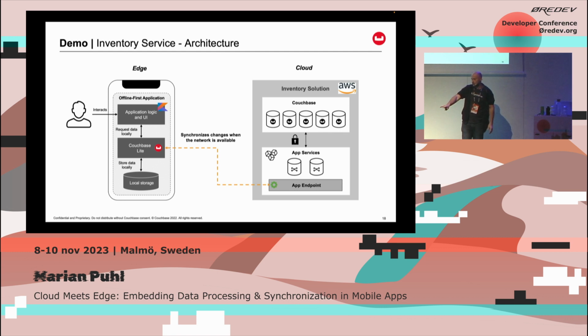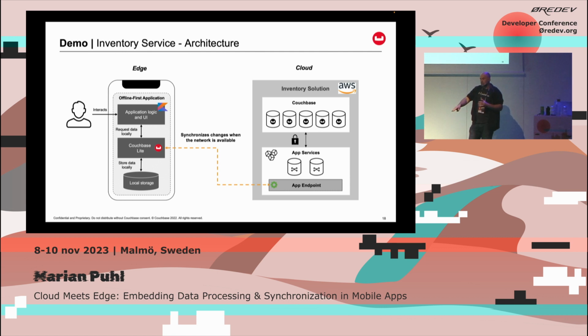On the edge, on the mobile device, we have an application. It's written in Kotlin, could be any language really. The application works exclusively towards a local database, which is Couchbase Lite. Think of this as Couchbase but small, a native JSON database.